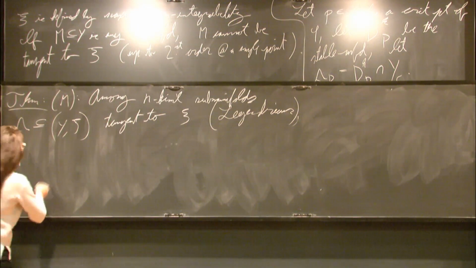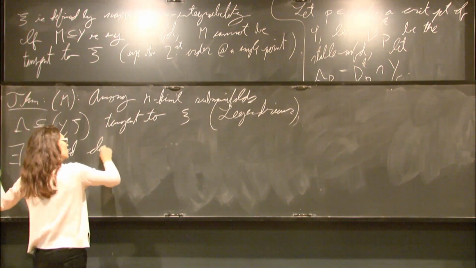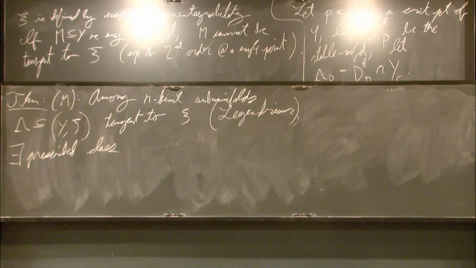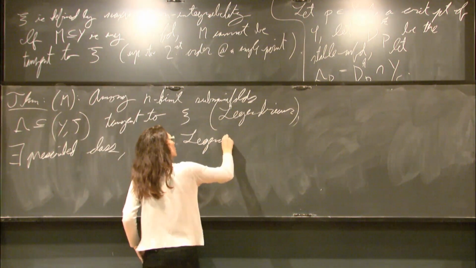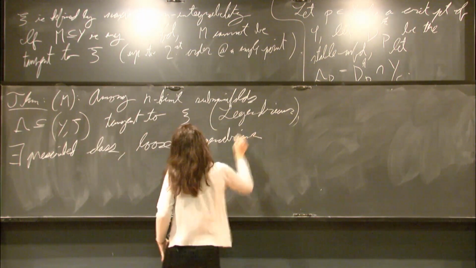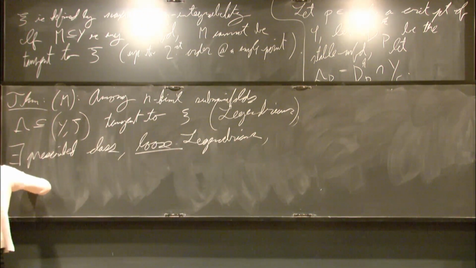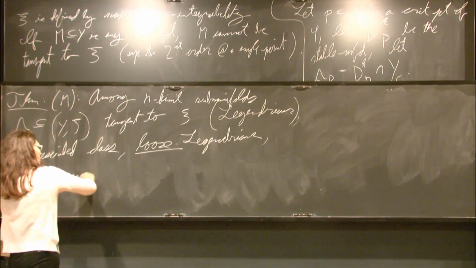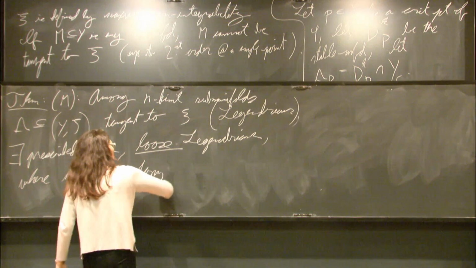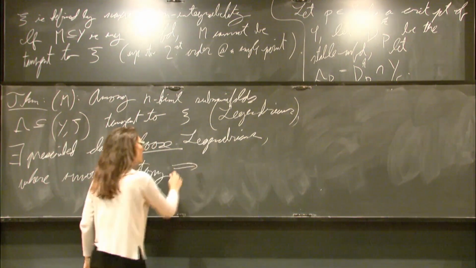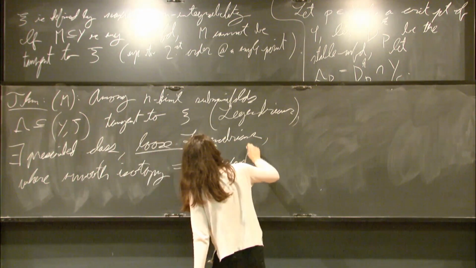So there exists a prescribed class of these, which are called loose Legendrians, for which smooth isotopy implies Legendrian isotopy.